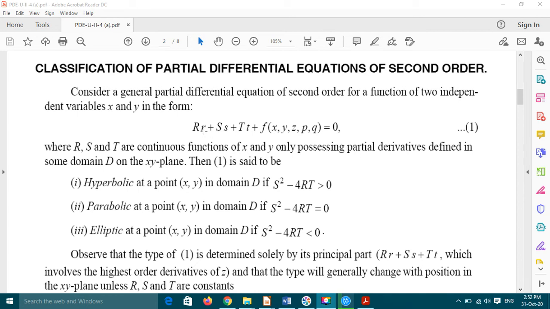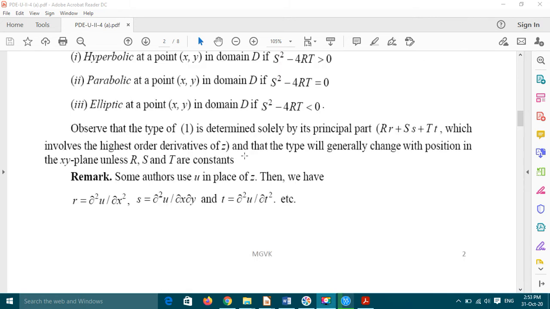Here small r is the second order partial derivative of z with respect to x, small s is the second order mixed partial derivative with respect to x and y, and t is the second order partial derivative of z with respect to y.